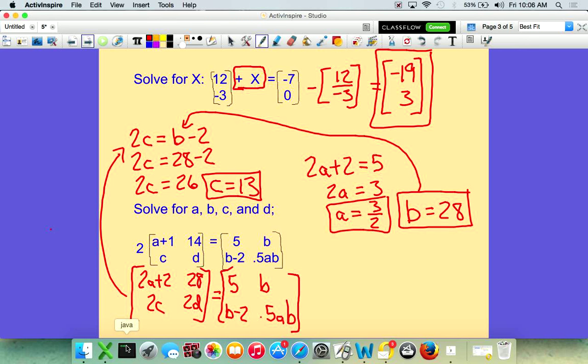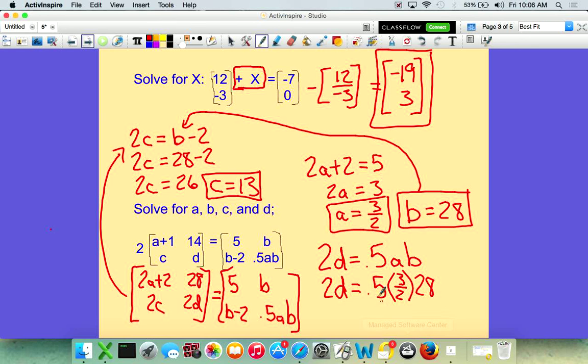And now that we have all of that, we can solve for our last one here. We've got 2d equals 0.5ab. Well, 2d equals 0.5 times 3/2 times 28.